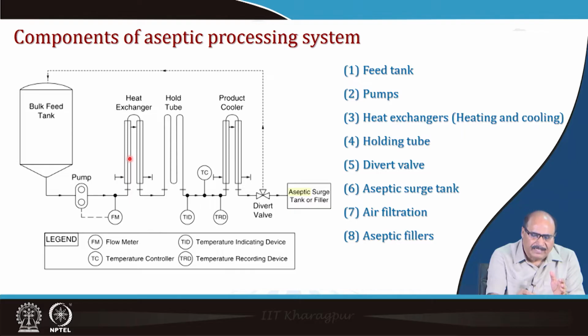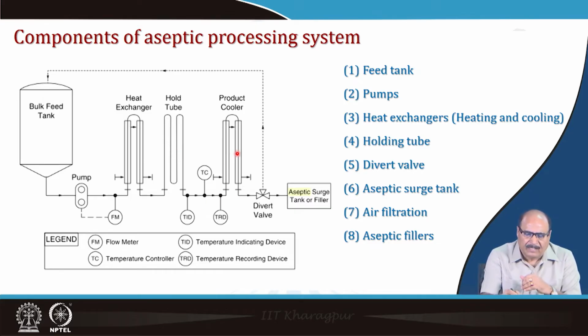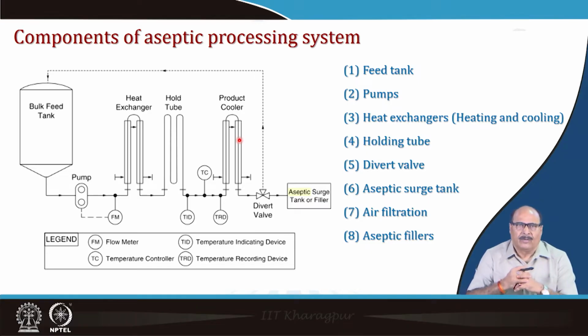Once the material is heated and brought to the specific temperature, it is taken to the hold tube, where it is held for the desired time so that complete sterility is obtained. Finally, the product is conveyed from the hold tube to the cooling line, where it is cooled and then sent to the filling and packaging line. Filling and packaging line we will discuss separately.